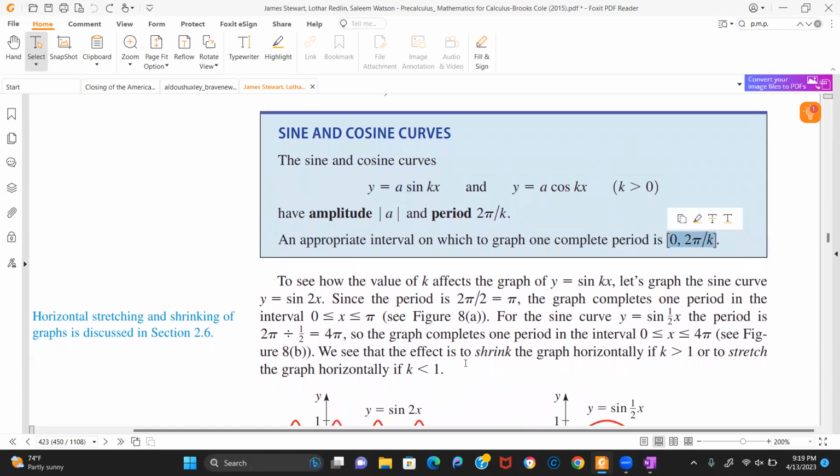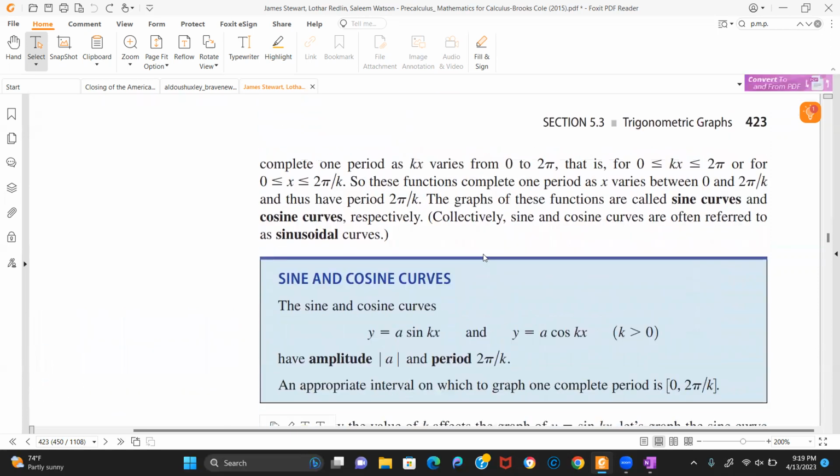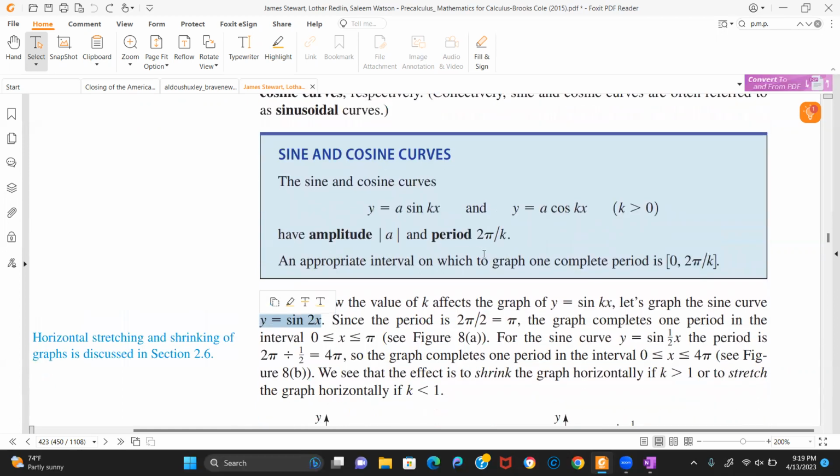So here, let's look at an example. They take y equals sine 2x, then according to the above, and if you don't quite understand this, I encourage you to read this on your own and think about it a little bit. It's good to read through the book on your own, along with attending lectures.